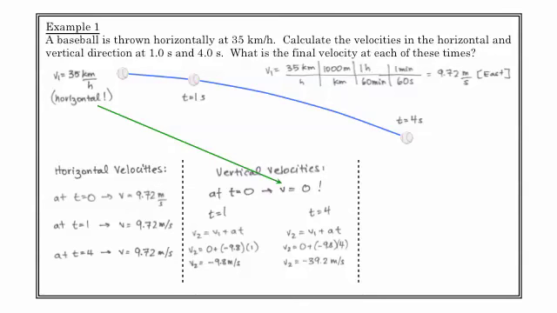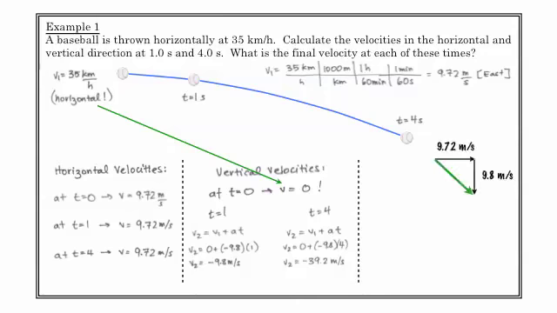Now what we want to do is say, okay, so then how does the overall velocity change? And this is where our use of vectors comes into play. Because just like we did with displacements, we now have a horizontal velocity and a vertical velocity, and we can put these two things together using vectors to find a total, and we can find an angle.